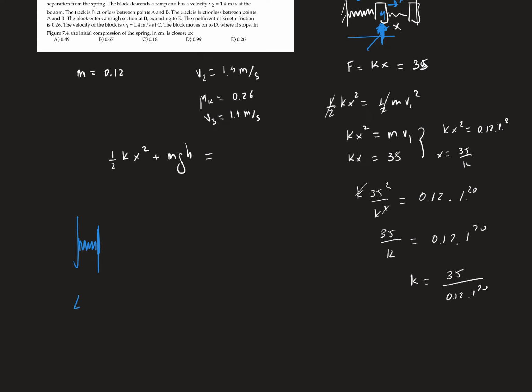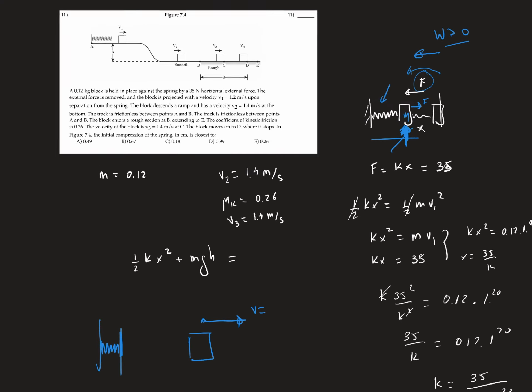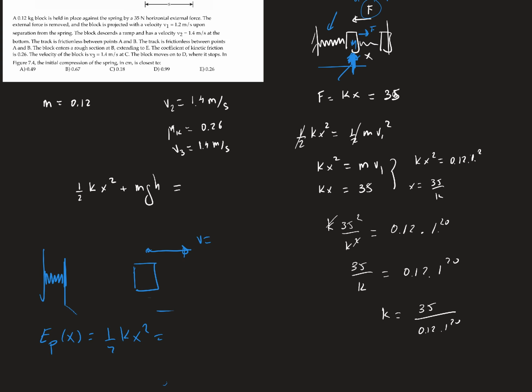So I have the potential energy, U sub p of x, 1/2 kx squared. Now this amount of energy is released, and I see the object moving with velocity v equal to 1.2 meters per second. So the total energy that is released is kinetic energy now.